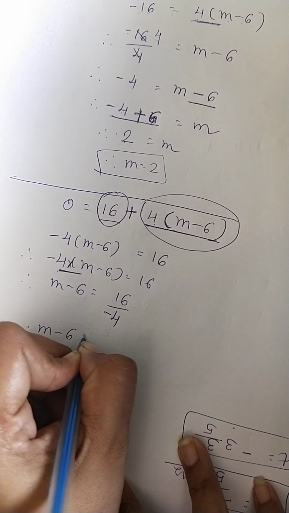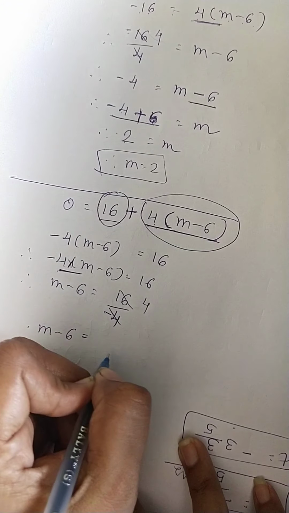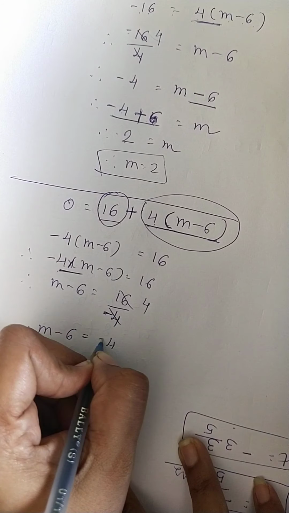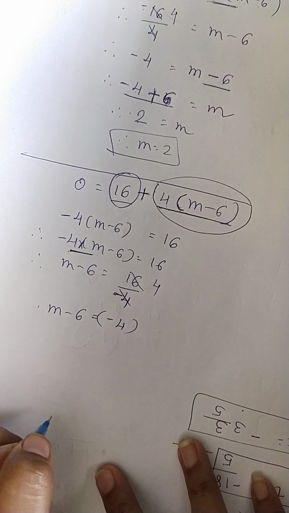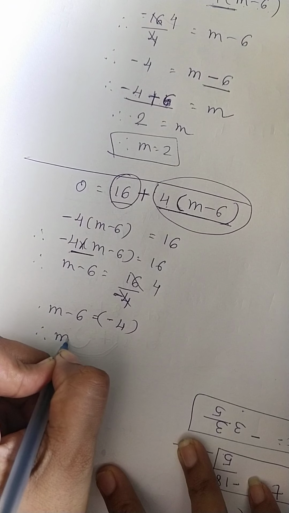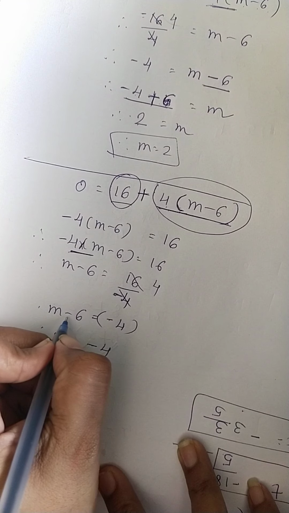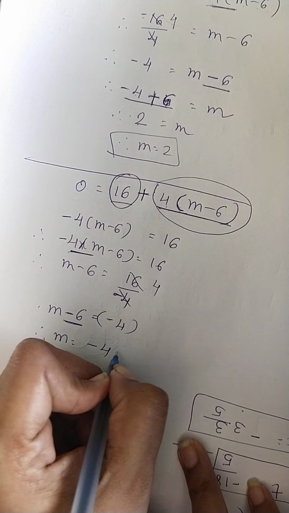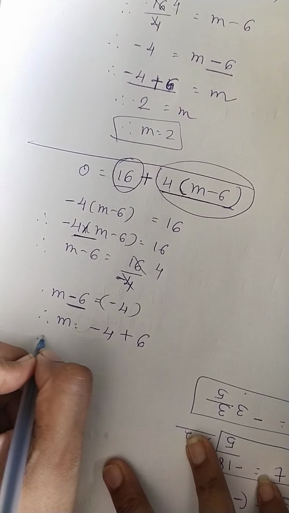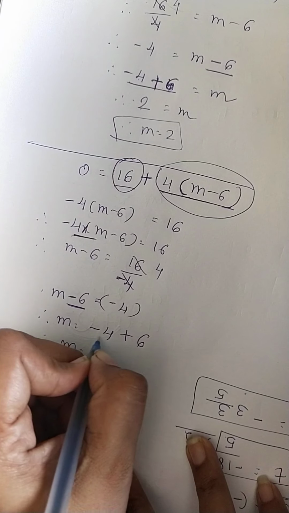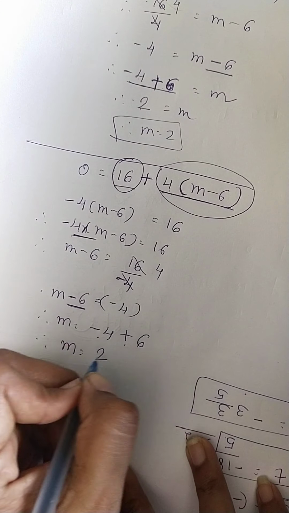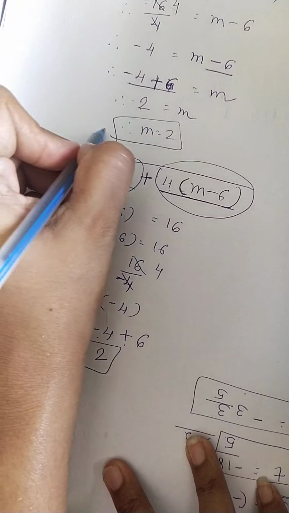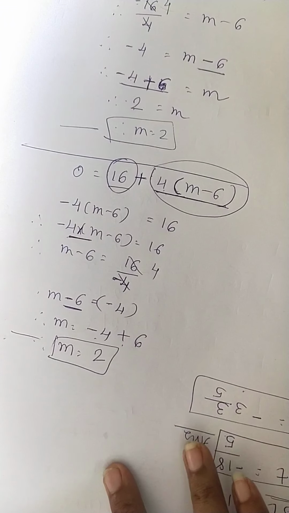Therefore m minus 6 is equal to 4 4s are 16, one time negative, so we have to put a negative sign. Therefore m minus 6 is equal to negative 4. Here what is the relation? Subtraction, side change, sign change. Therefore m is equal to plus minus minus, so 2, bigger number, positive. So both ways our answer is same.